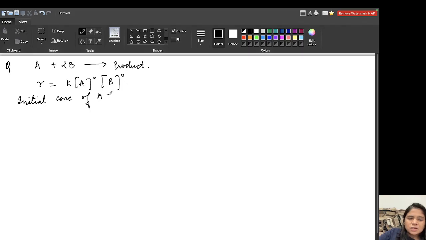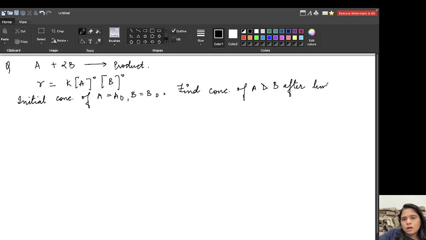I'm telling you the initial concentration of A is equal to A naught and B is equal to B naught. So what do you need to do? Find the concentration of A and B after time t, and you need to find your T half.